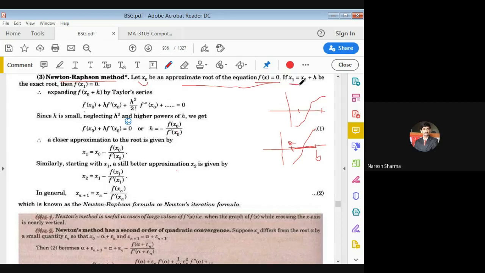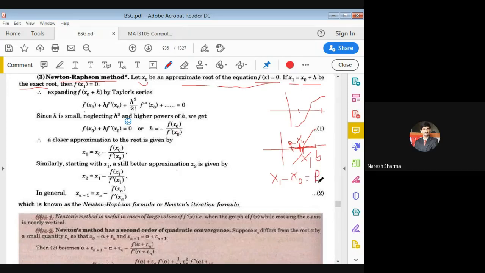And if x1, which is x0 plus h, is the exact root, we assume that the exact root is x1, which is nearly equal to x0. So x0 is the first approximation or assumption, and suppose this x1 is the exact root. The difference between these two, x1 minus x0, is called h.